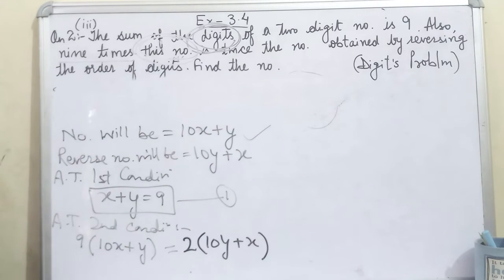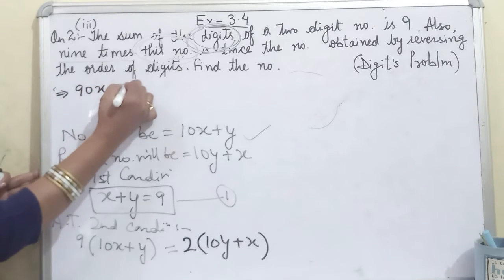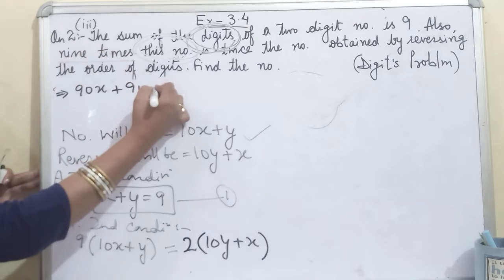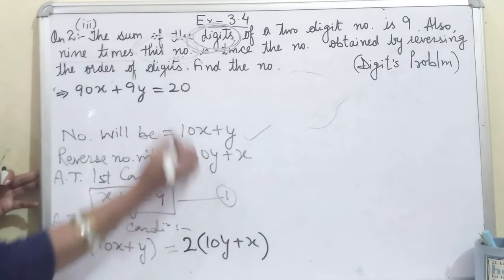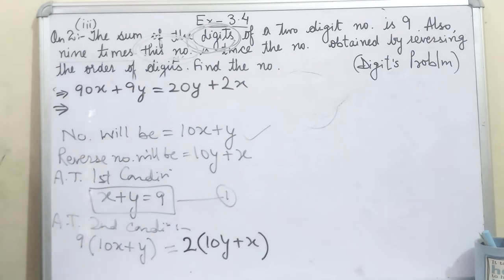Yes, 9 into 10 will be 90x plus 9y equals 20y plus 2x. Let's solve it a little more.